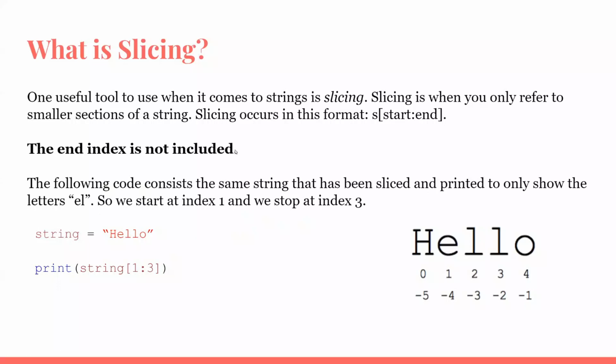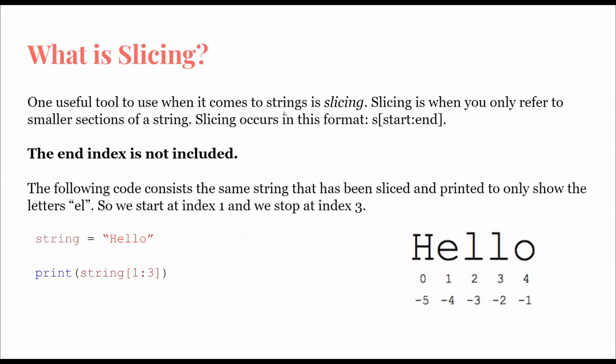Slicing is also an important part. It's basically like a substring: you're taking a part of a string. Slicing is when you refer to a small section of a string. It occurs in this format: s, square bracket, start, end.